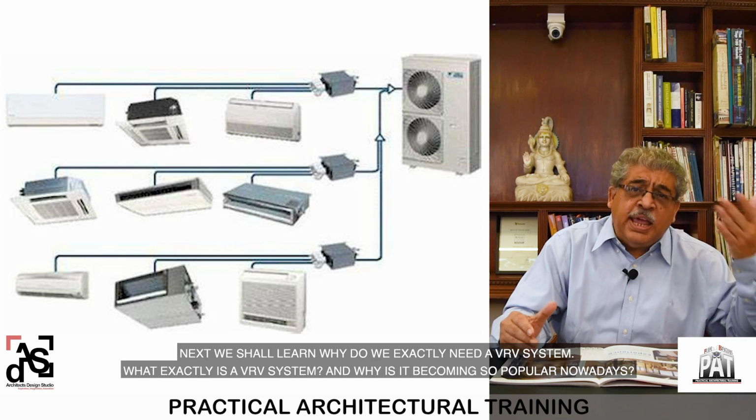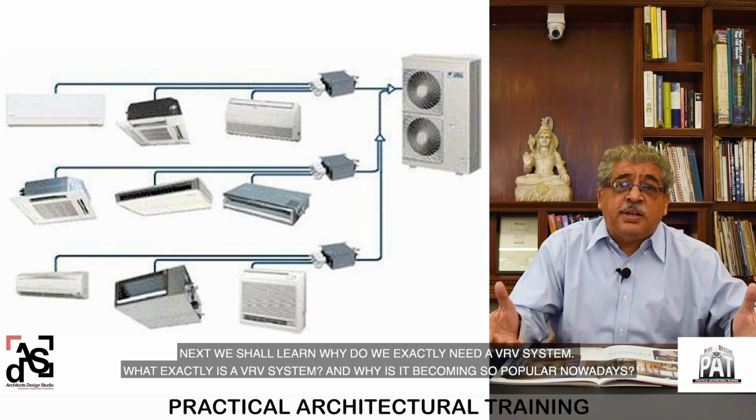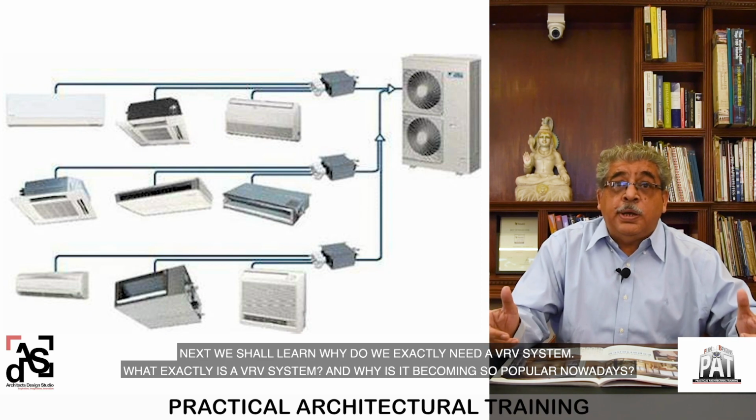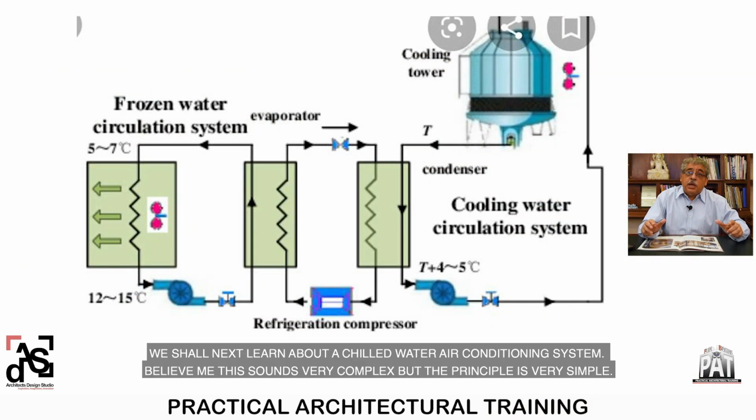We should next learn what exactly a VRV system is and why it is becoming so popular nowadays. We shall next learn about a chilled water air conditioning system. And believe me, this sounds very complicated, but the principle is very simple.